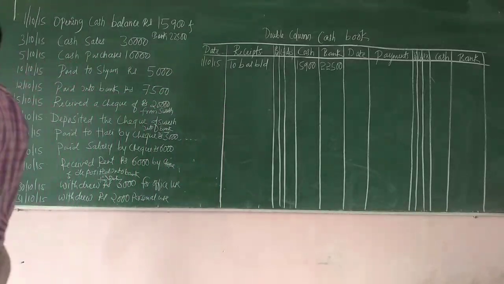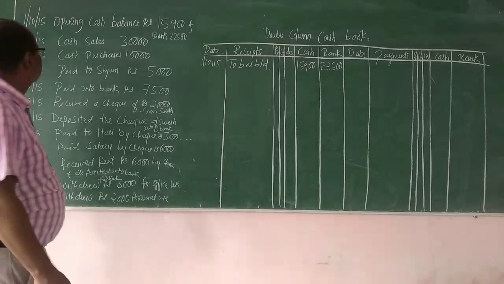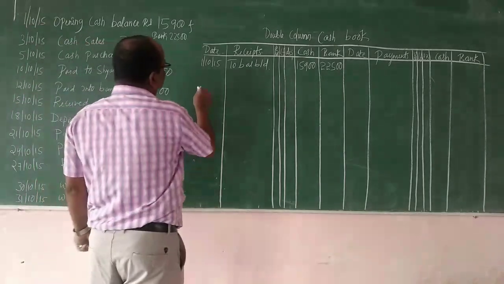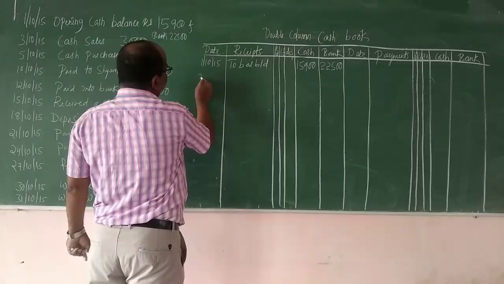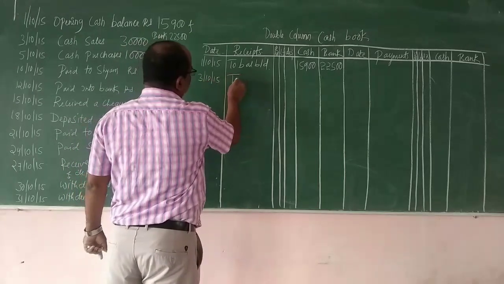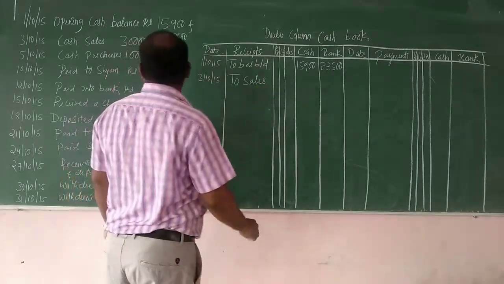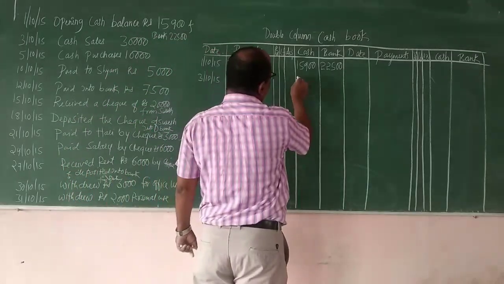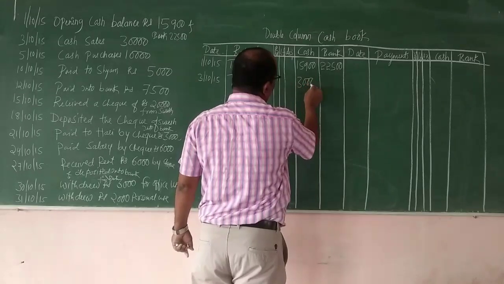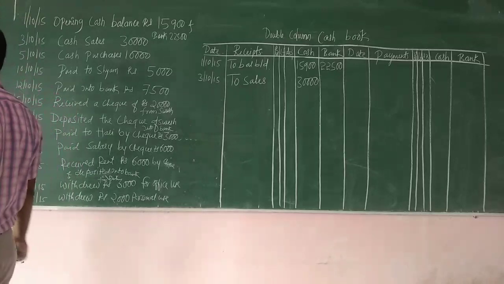So these are the opening balances of cash and bank. On 3/10/2015 there are cash sales of 30,000.